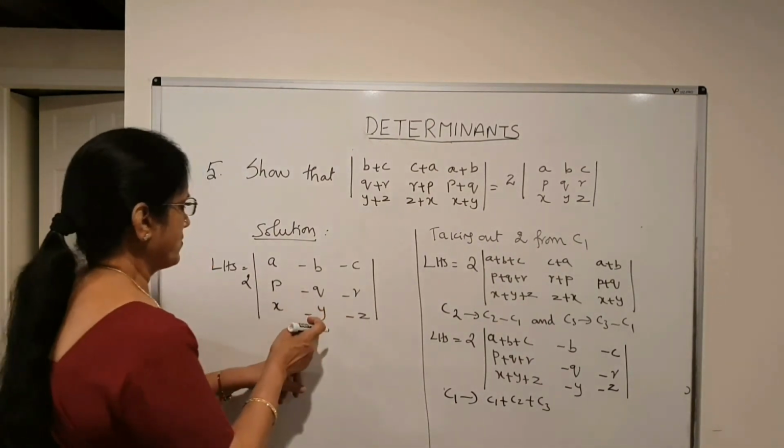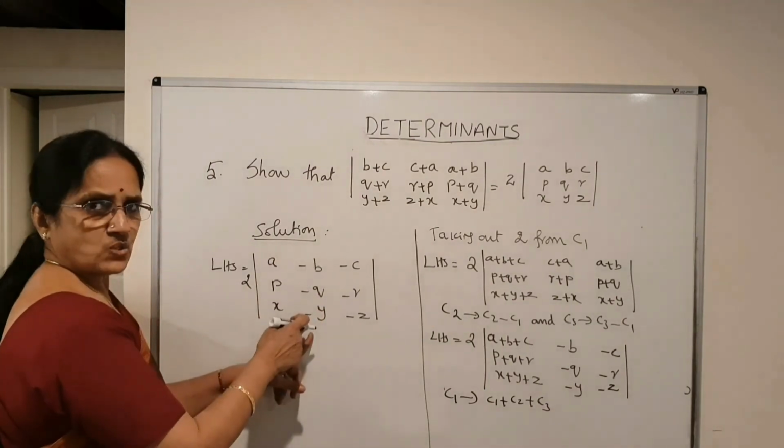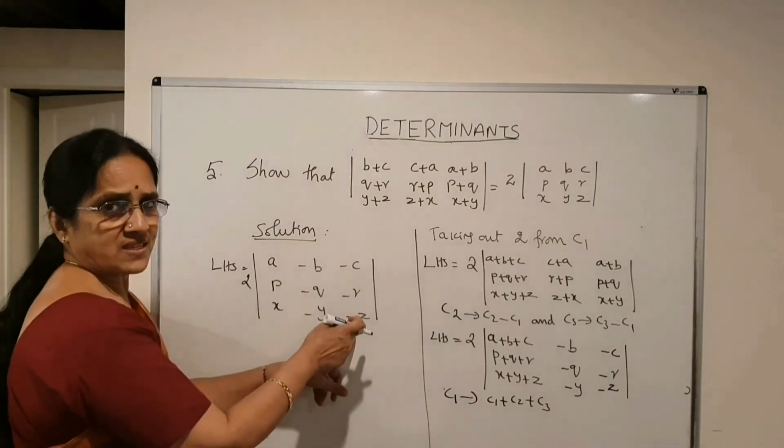Now I can take out minus 1 from C2 and minus 1 from C3.